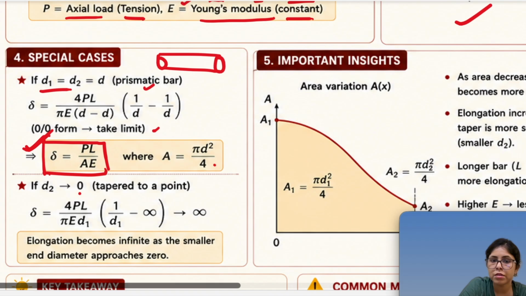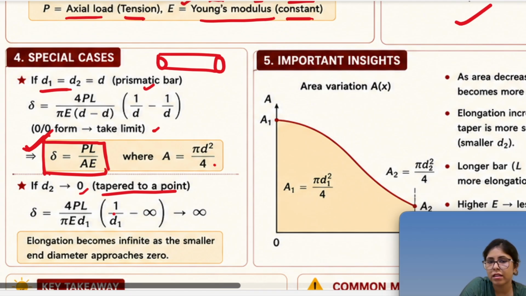And then if d2 becomes 0, that means it is tapered so much that at the end there is no diameter left, it's just a point left. Okay, so that will be a bar tapered to a point, right? d2 becomes 0, so this will be 0, that means 1 upon 0, minus infinity.